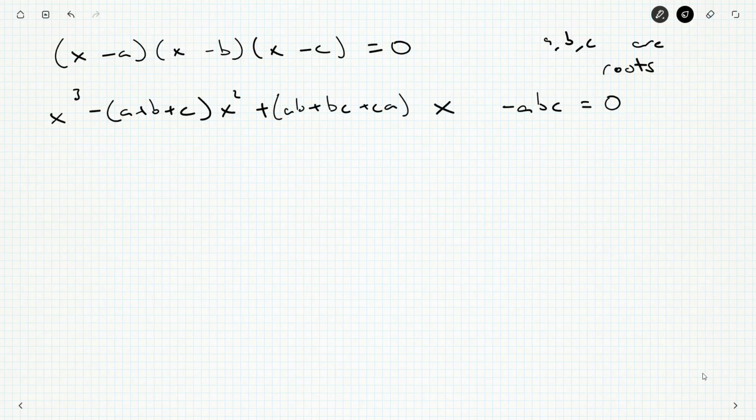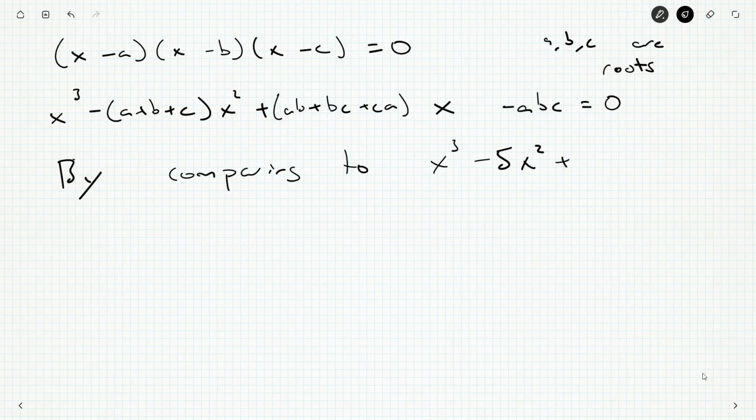And so I might say by comparing to x cubed minus 6x squared plus 5x equals 0, we see the sum of roots is going to just be regular 6.